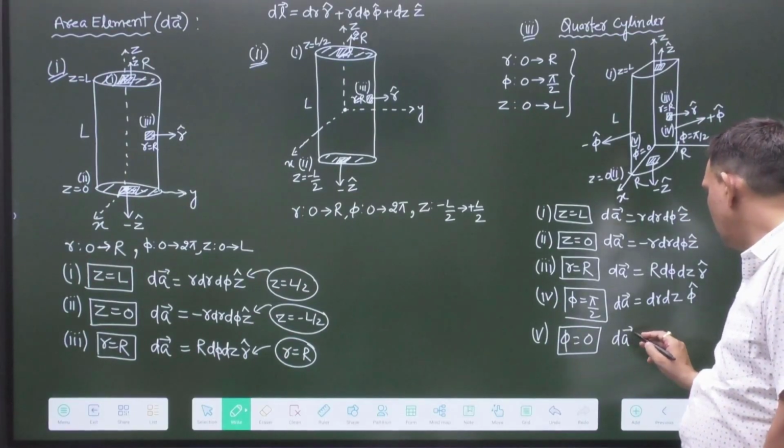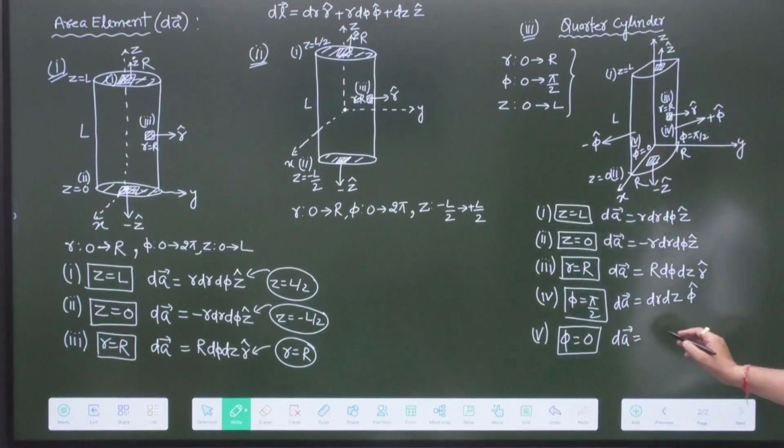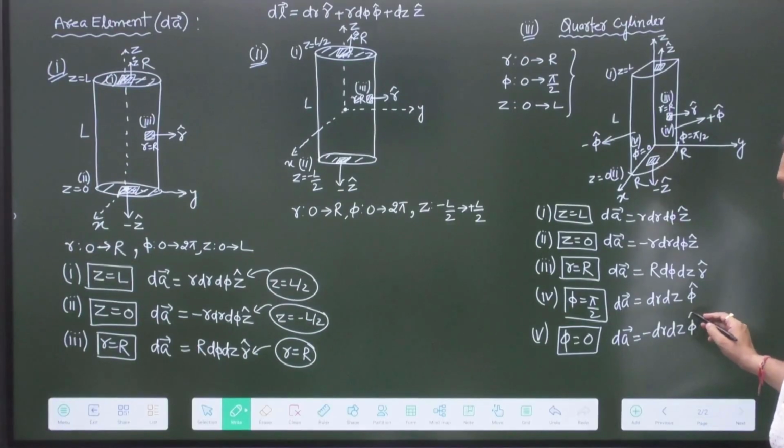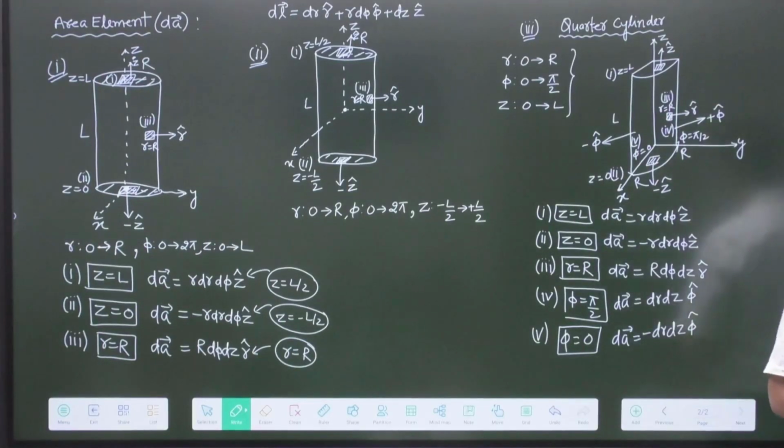So dA is given by minus dr dz. So this is the area element. If you have a cylinder or any part of a cylinder, you can specify R, phi, Z and you can also write their area element on different surfaces.